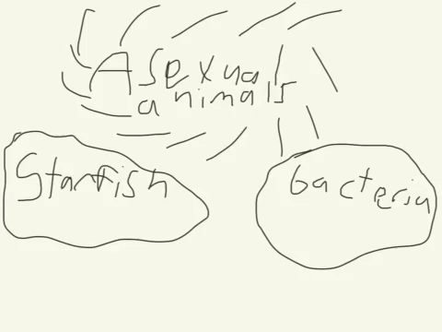Here are some examples of species that are asexual. Starfish are asexual, and bacteria are too. I think it's because starfish live at the bottom of the ocean, and there's not a lot of animals there, so it would be harder to find a second parent.